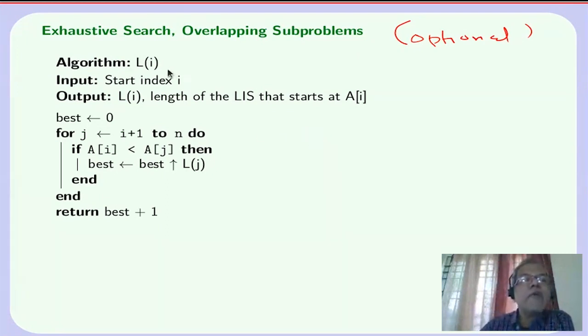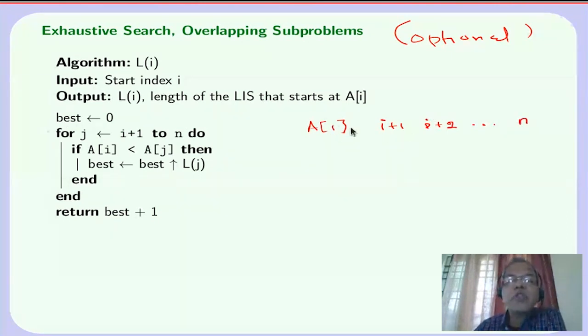Algorithm: length of the LIS that starts at the ith element. Input is the start index I. Output L of I is the length of the LIS that starts at the ith element. It's a straightforward translation of the recurrence relation. For j from I plus 1 to n, we are considering I plus 1, I plus 2, and so on, up to n.